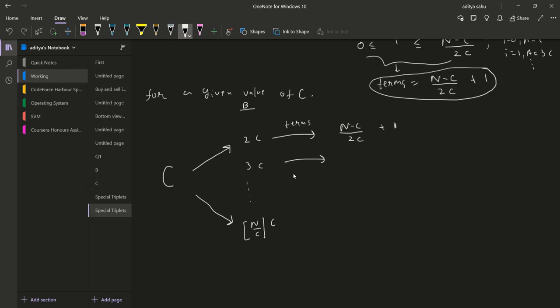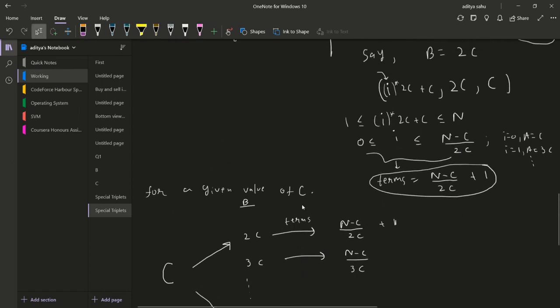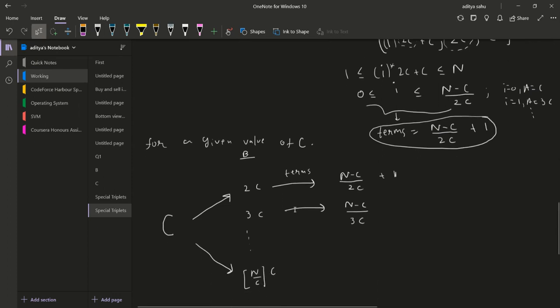For this, simply by mathematical induction, you can say that instead of 2c it is just 3c, because now it will be 3c and correspondingly you will put 3c here.